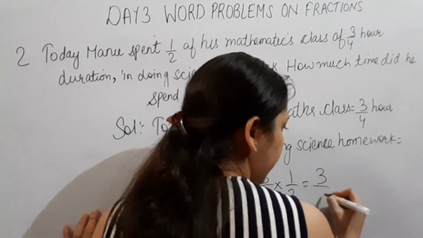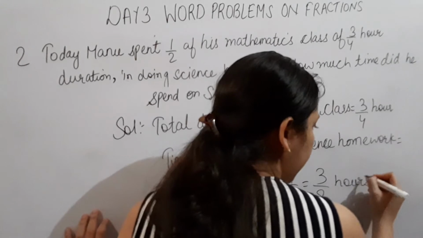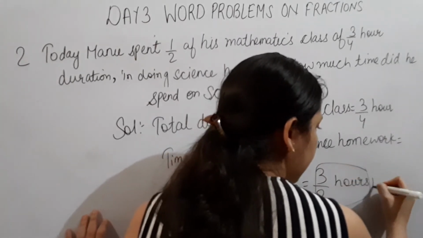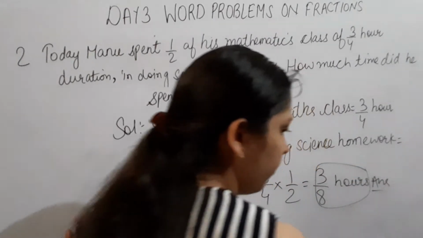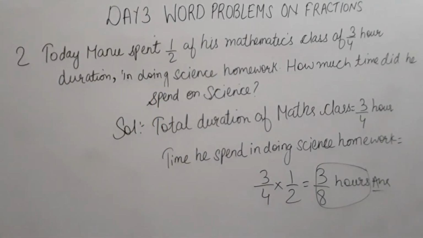So he spent 3 by 8 hours in doing science homework. This is the answer. I hope you get this question. Let's move to the next question.